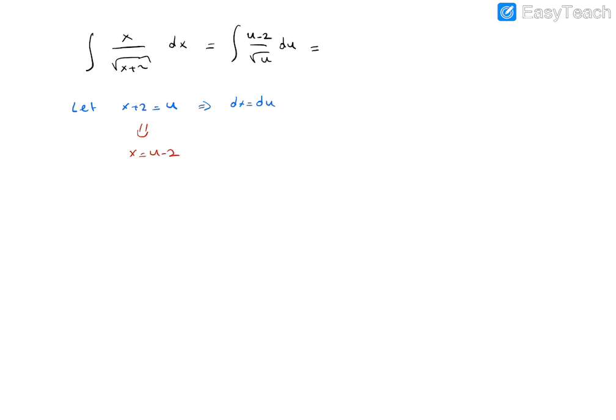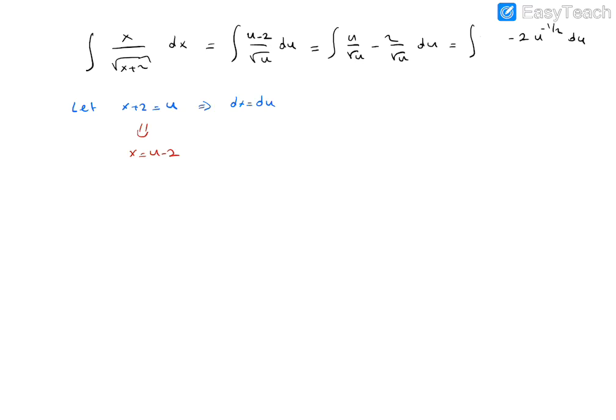Now you can evaluate this integral. Maybe it seems a bit difficult for you, but it's not difficult. The integral of (u minus 2) over the square root of u du. Easily this integral can be evaluated: u to the power 1 over 2 minus 2 times u to the power minus 1 over 2, du.